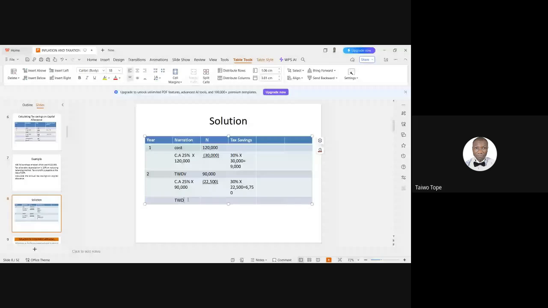In normal accounting, we call this the carrying amount, but in this case, we refer to it as the tax written down value. So this will give us 67,500. Moving to the third year.